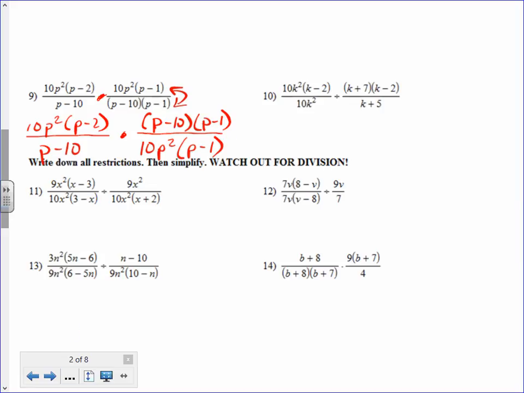You should be able to see what I did there. I flipped the numerator and the denominator. So let's review. Leave the first fraction the same. Change the division sign to a multiplication sign. And take the second fraction and flip it.